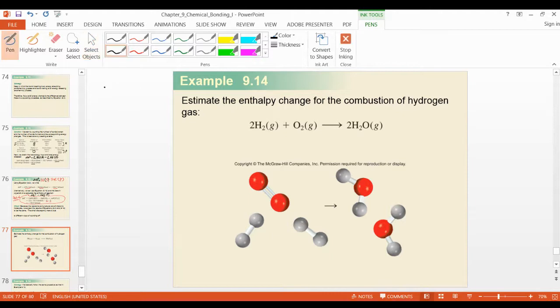Okay, tell me now, broken here, and here how many bonds are formed. Broken means reactant. Formed means product. Tell me now, one by one.